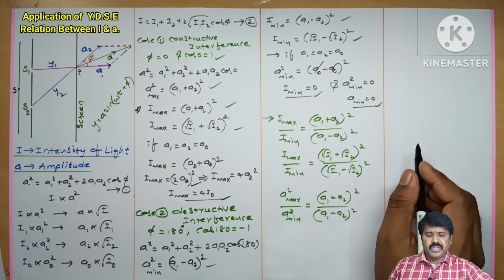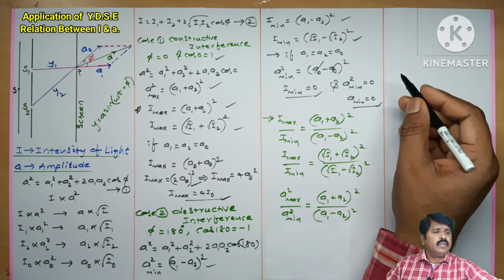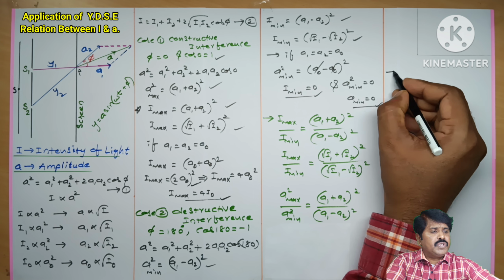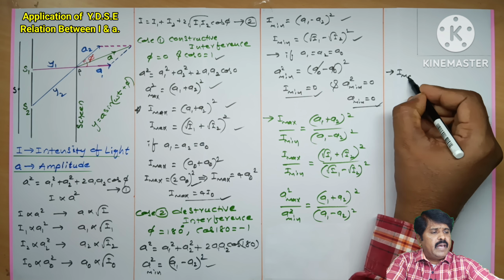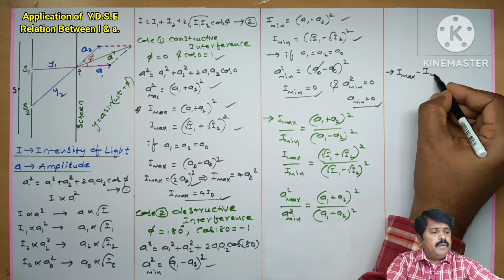So the different equation, see student, the first one is I max minus I minimum.